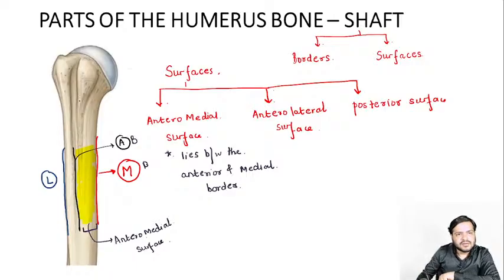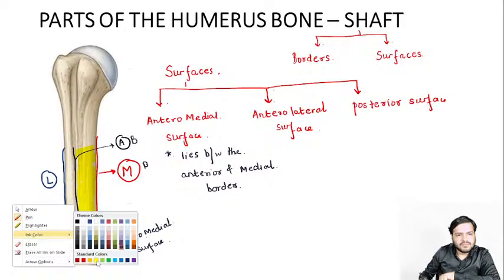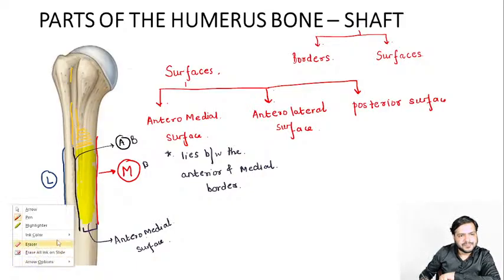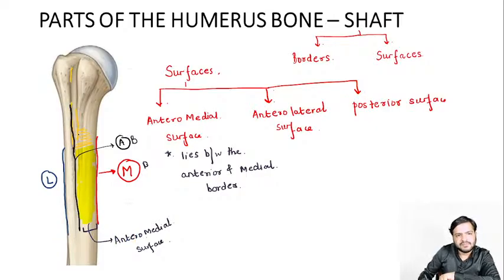Now, this surface, if you trace it above, you will find the bicipital groove. So in the upper third of this particular surface, you will be able to find a bicipital groove, which has two lips, the lateral lip and the medial lip.